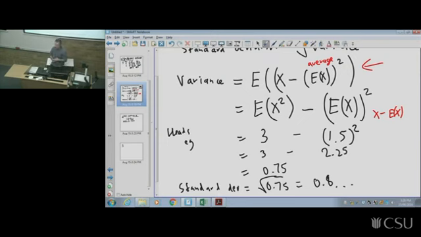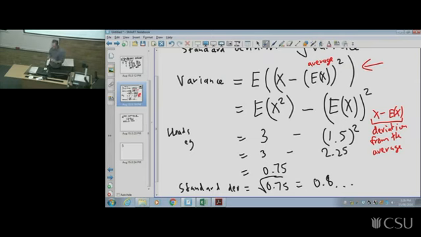An X value of 1 would be half below the average. So this expression here is the deviation from the average. It tells you if it's above or below, so it can be plus or minus, and how much the deviation is.